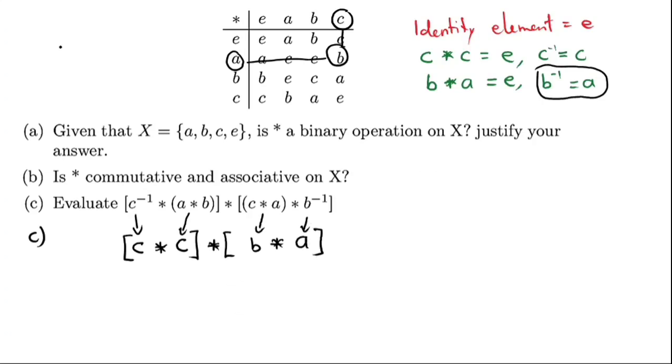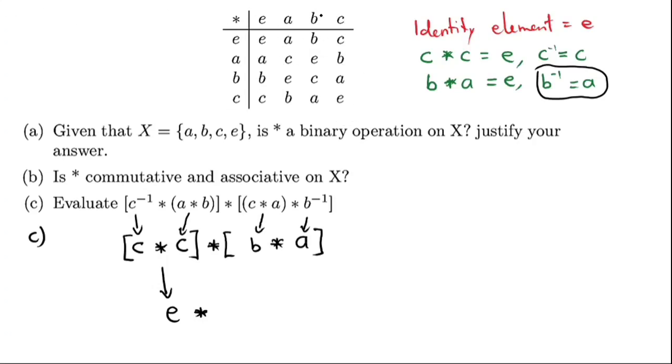Next, what is C star C? Here's our C. Here's the other C. What do we get? E, identity. So this whole thing just becomes identity star. What is B star A?